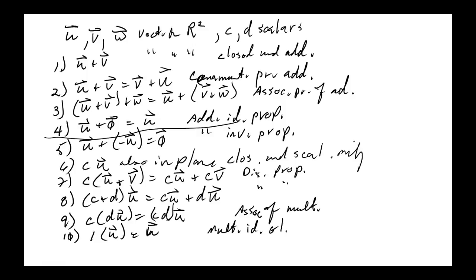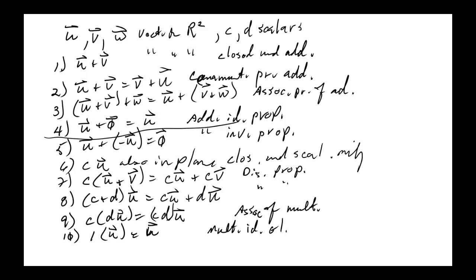All right. Now they do some proofs here, and they do them in two dimensions. That's why they did two. It makes it a lot easier. You just do component by component. I think the one they did was number 3. You do U1 plus U2, V1 plus V2, W1 plus W2.